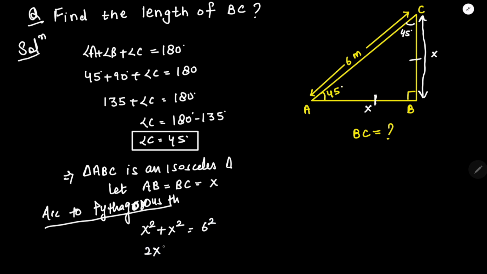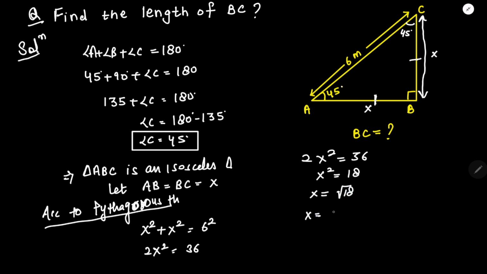So this implies 2x square is equal to 36, right? If 2x square is 36, this implies x square is equal to 18, right? This implies x is equal to plus minus root 18. But since a side cannot be of negative length, we will just take under root 18.